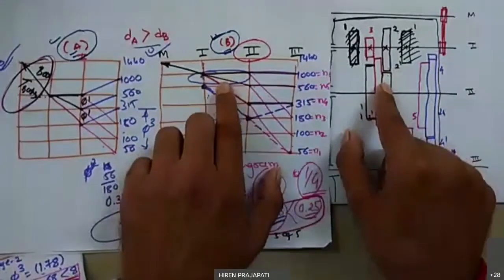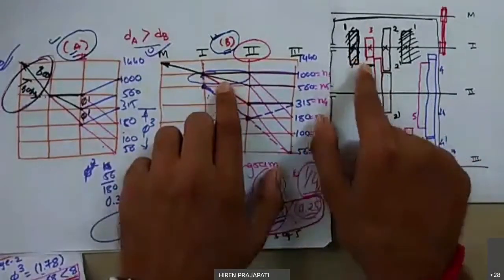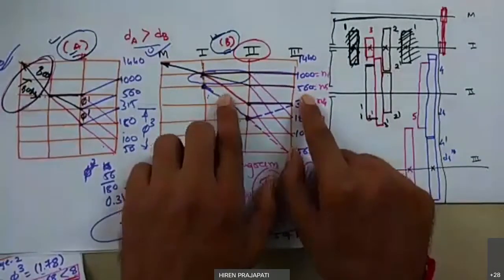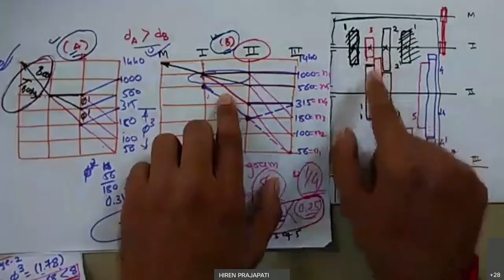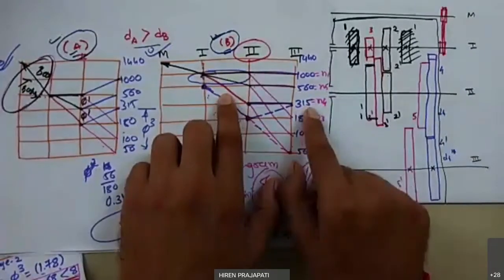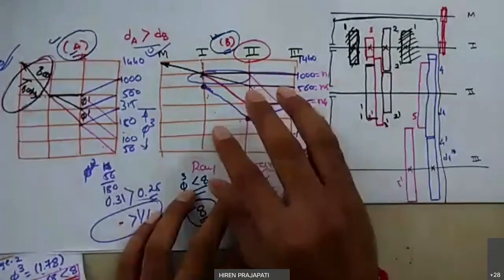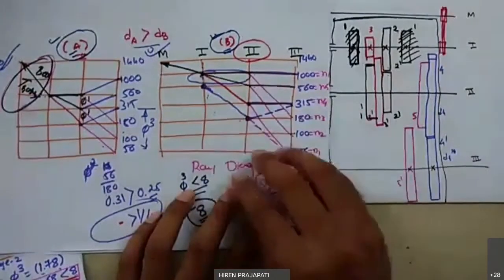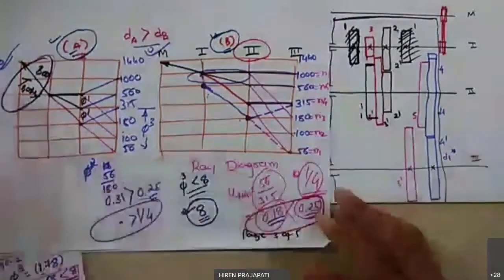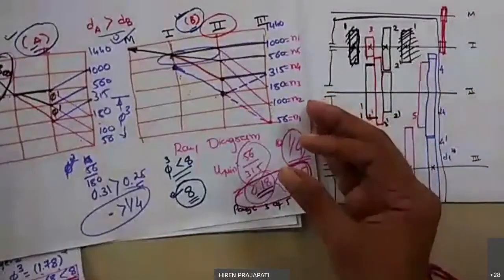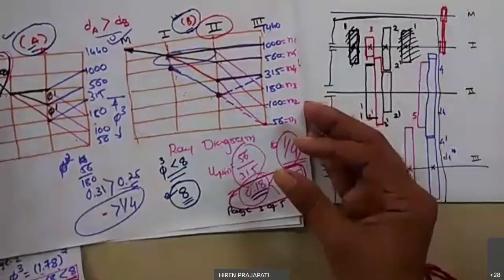If I use this black pair, the speed would be 560 RPM. If I use this red pair, then 315 RPM, right? So the ray diagram is giving us the speed of each and every gear. Previously, the structure diagram was unable to give us this detail, but now we have the speed information.